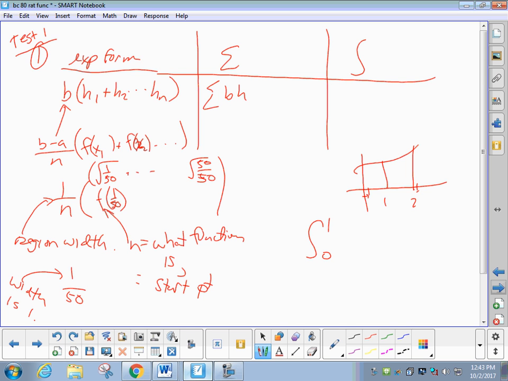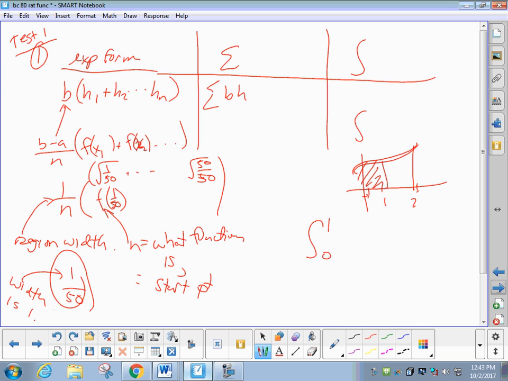Unfortunately, that didn't rule out much. It only ruled out the last. Second, don't think that this 1/50th is actually in the function or out front of the function. That's just the width. If I found the area under the curve from 0 to 1 by an integral, there wouldn't be a 1/50th in there anymore. It would just be the straight up area under the curve.